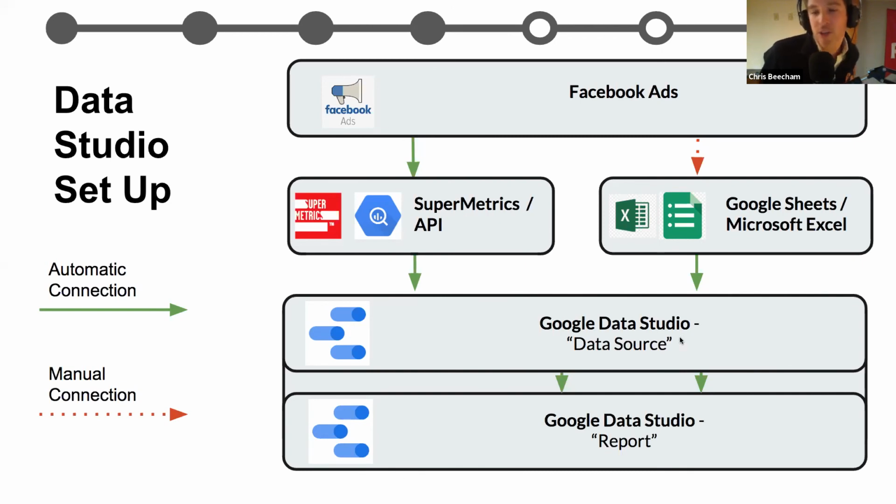So if you wanted to try that, your key is to be getting your data into programs called Google Sheets or Microsoft Excel. And then once it's in there, it'll be super easy to connect it to Google Data Studio.